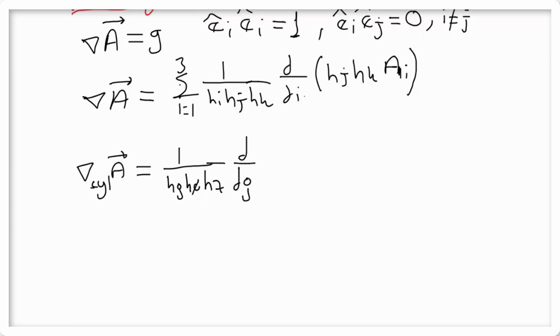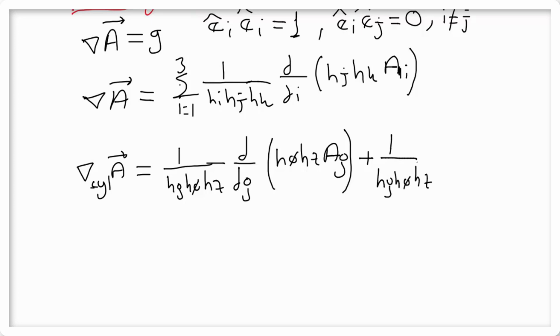The first i is rho, my friends. Then the unrelated ones, that is those outside, h phi h z. Then, for example, I wrote the rho component of A as follows. Plus 1 over h rho h phi h z, dl over dl phi, h rho.